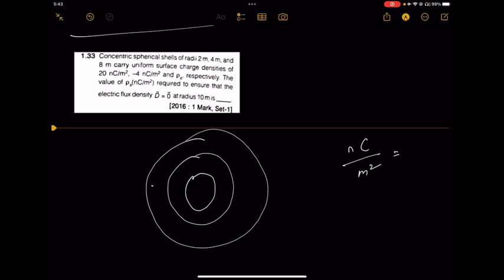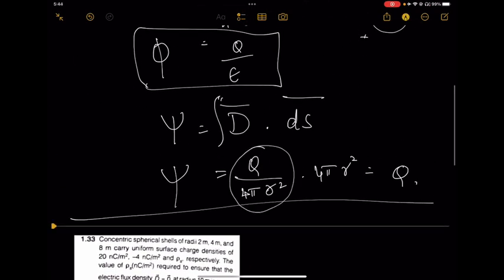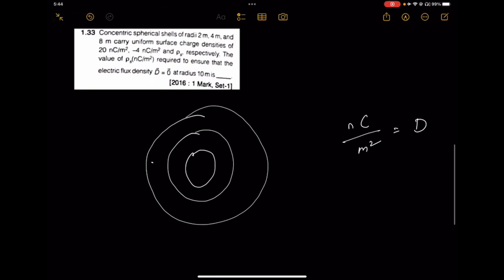So they are talking about D. D unit is charge per meter square, because we said q divided by 4 pi r square. Of course the magnitude, they have not given any direction.